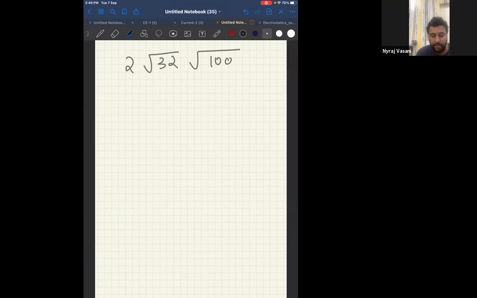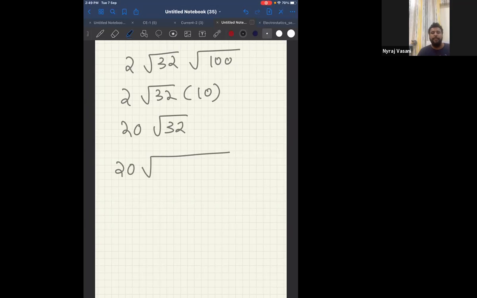Square root of 100 is 10. So can I say 10 into 2 is 20 into root 32? Correct.